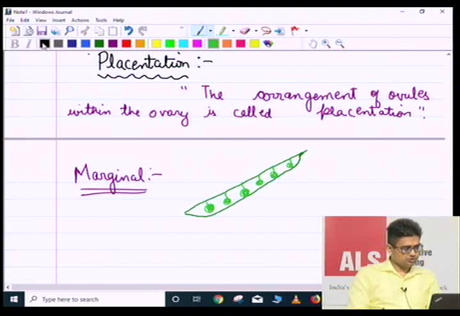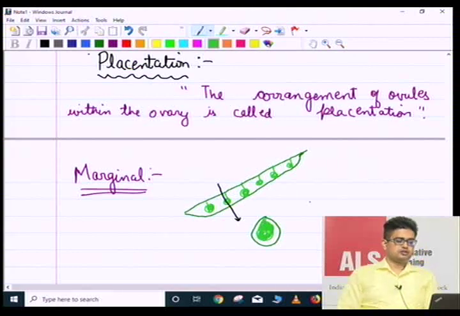And if you cut a cross section, it will look like this. This is the ovule or the seed. Fertilized ovule is the seed. This is the cross section.